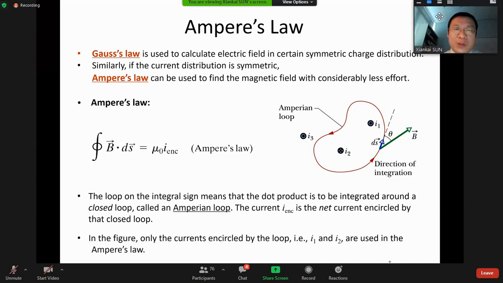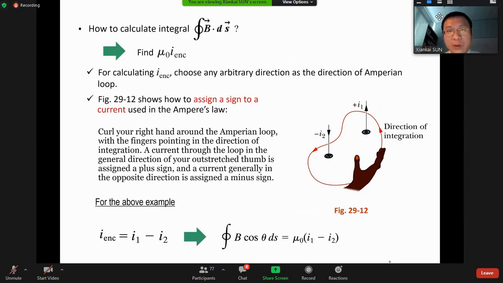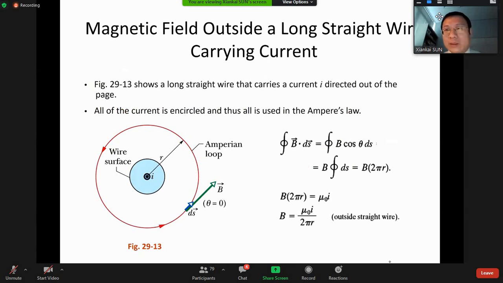By using Ampere's law, you can find the magnetic field, especially in a symmetrically distributed scenario, with considerably less effort. We didn't see examples in our last lesson, so here we move on to slide number 58 so that we can appreciate the usefulness of Ampere's law.